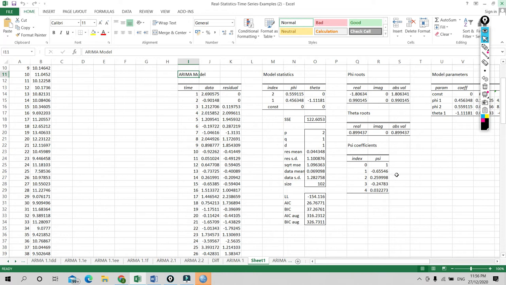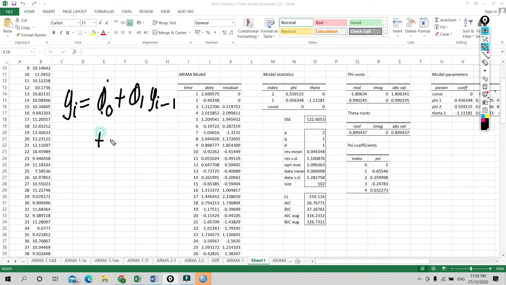So the model is y_i is equal to, we do not have a constant, we ignore the constant phi 0, plus phi 1 y_{i-1} plus phi 2 y_{i-2} plus epsilon_i.